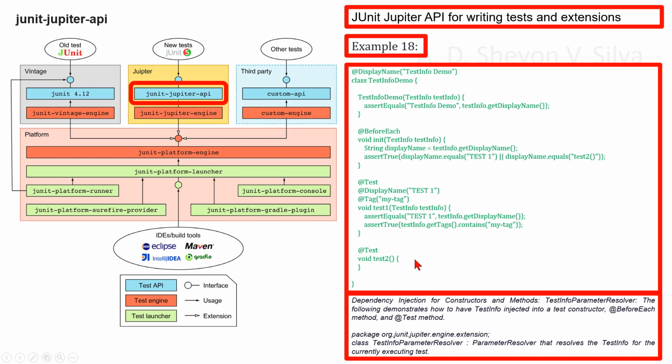Now we are considering TestInfoParameterResolver, in dependency injection for constructors and methods. The following demonstrates how to have a TestInfo injected into a test constructor, @BeforeEach method, and @Test method.